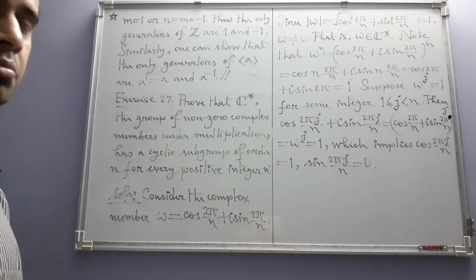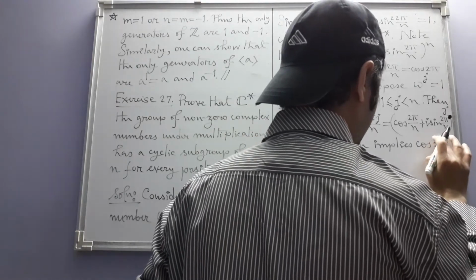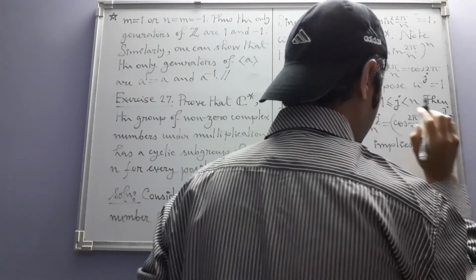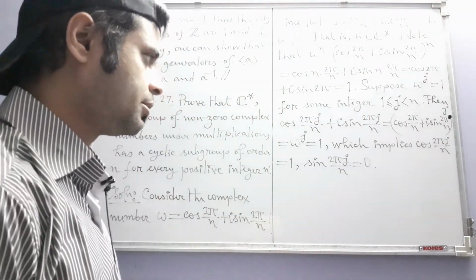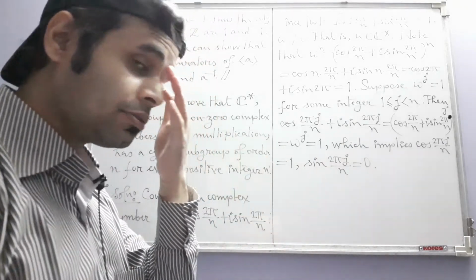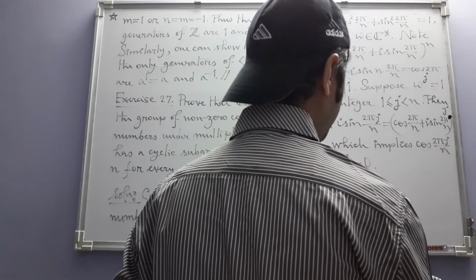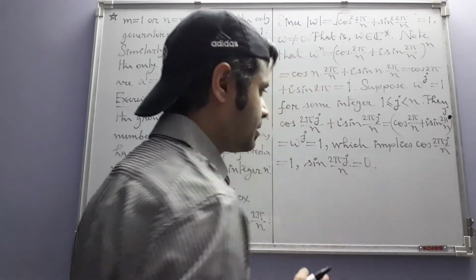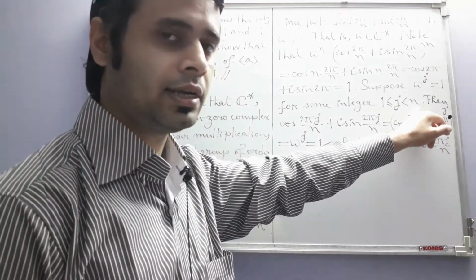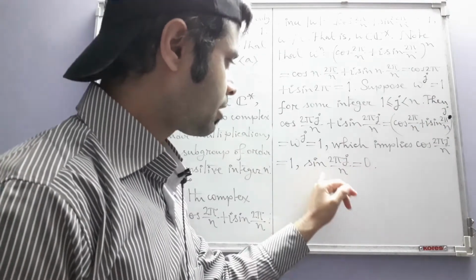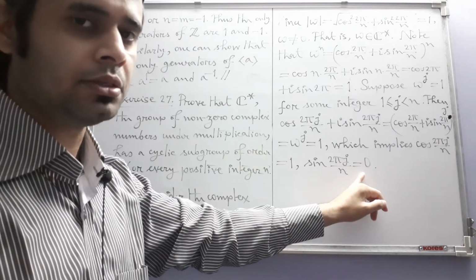Now from elementary properties of trigonometric functions, if you go back to that part of trigonometry which tells you how to solve this equation, you will get the fact that this is not possible, that for such a j that is less than n, this cannot give you 0. Sine of this real number cannot be 0.